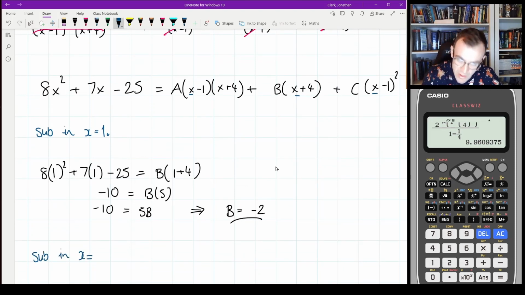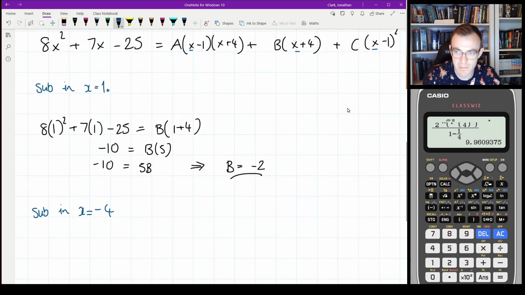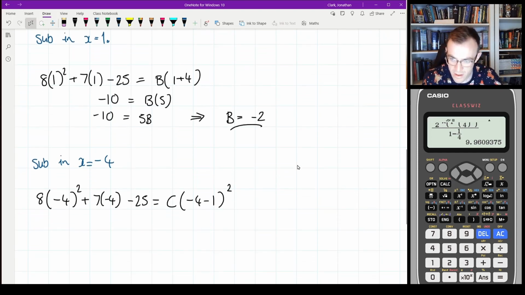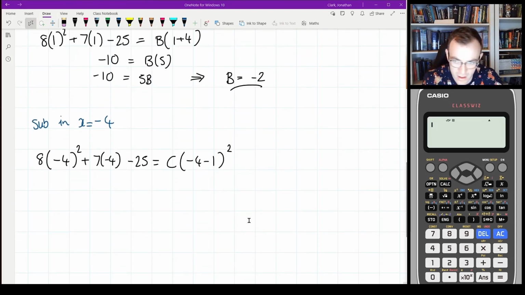Let's also sub in minus 4, so that we can get everything to cancel except for the C bit. C minus 4 take away 1 squared. It's getting late, I'm getting sloppy, so I need to just type this in.